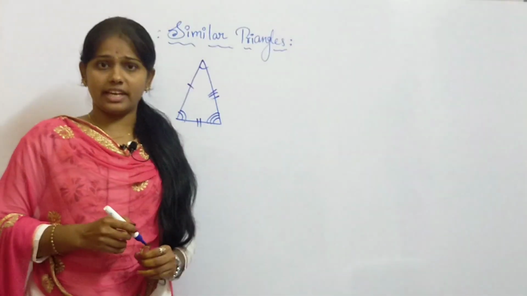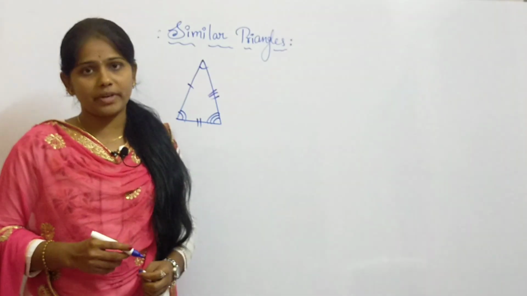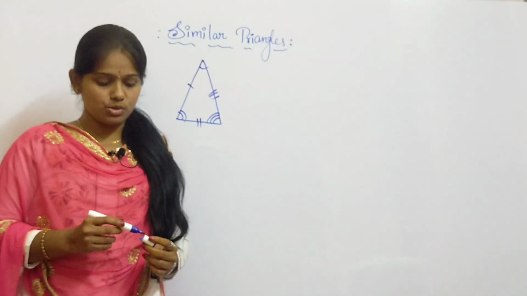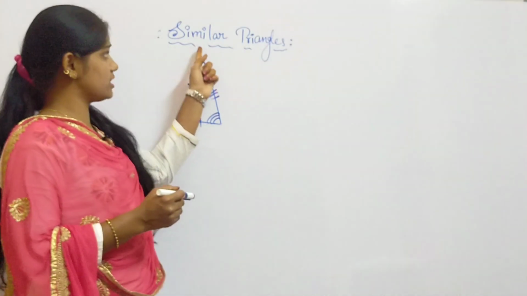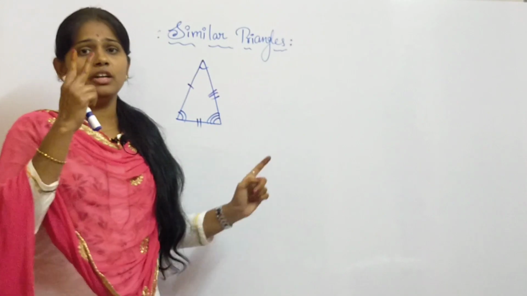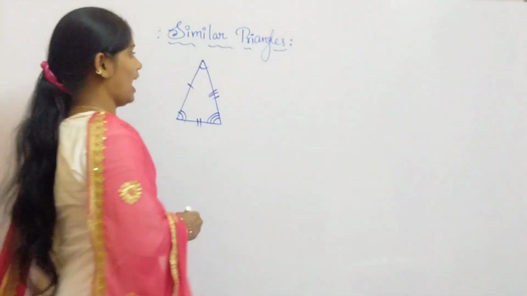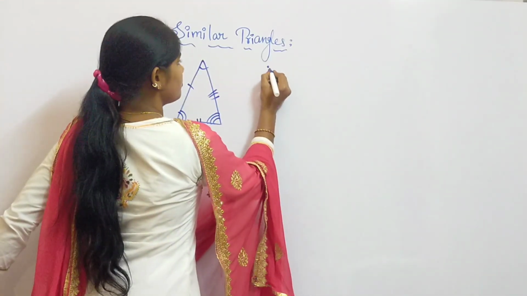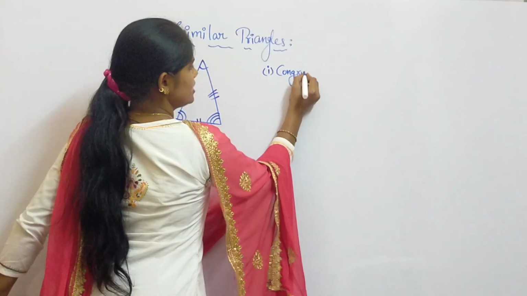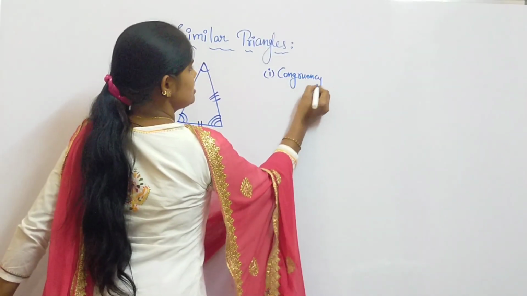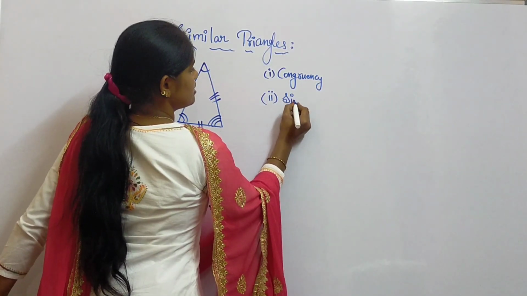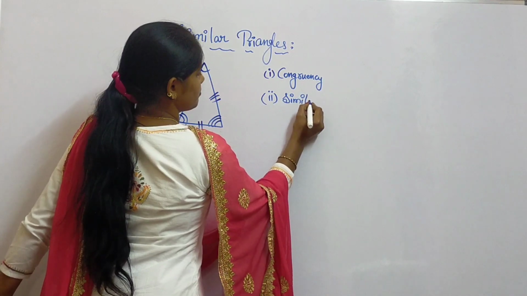When we consider a triangle, there are many properties to understand, right? There are many properties to discuss, but in our similar triangles, we are going to focus mainly on two properties. The first one is congruency and the second one is similarity.